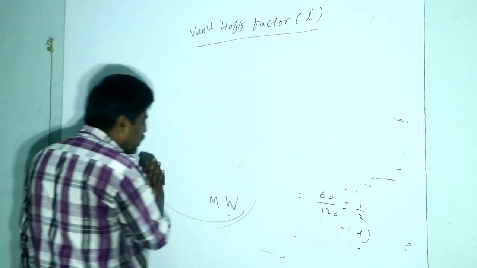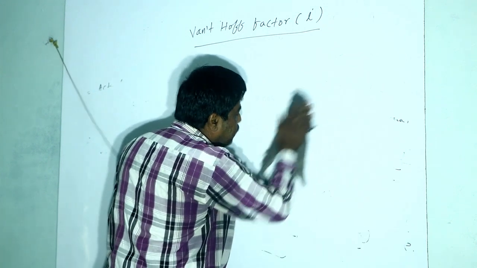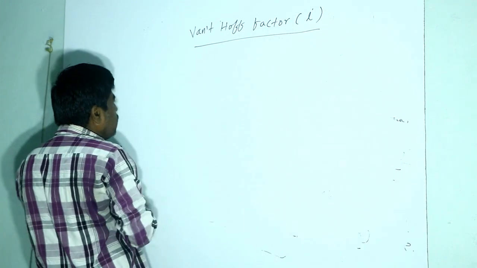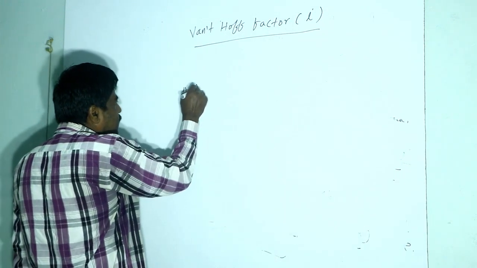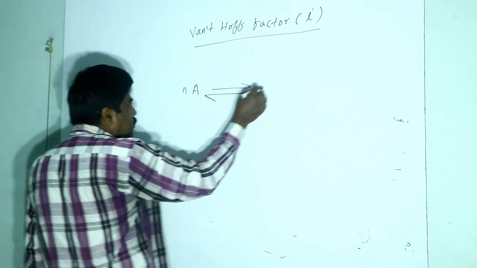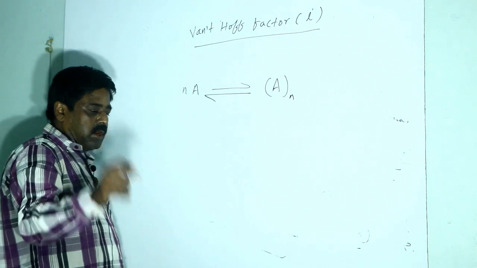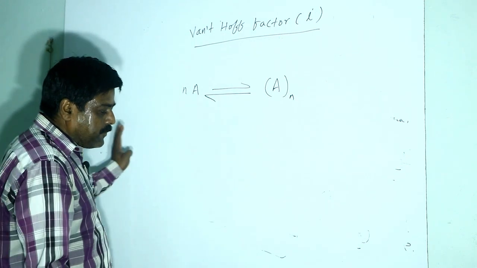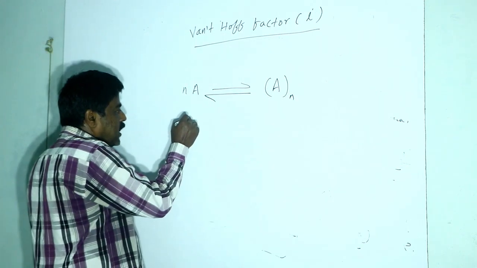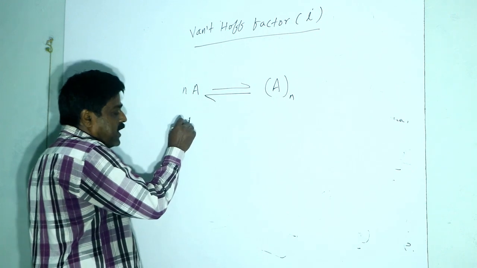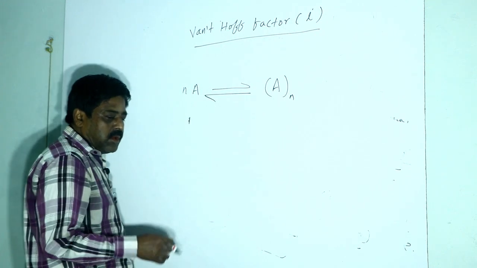Let us consider n molecules of A in the solution associate to give one molecule of the associated species.